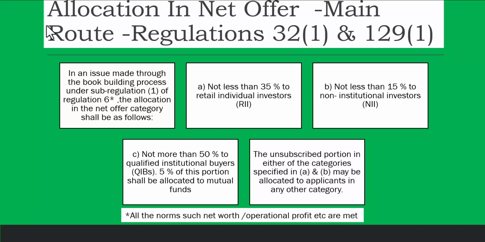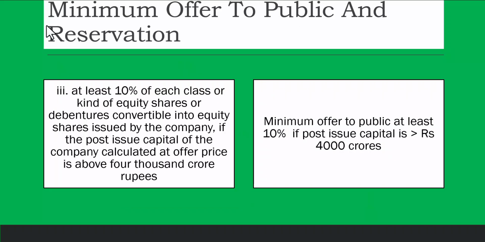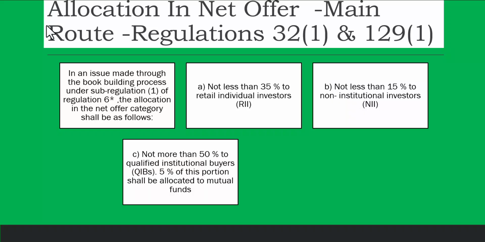So this is, इससे पहले भी कोई है? So this is the regulation number, main route. Okay. 6(1).